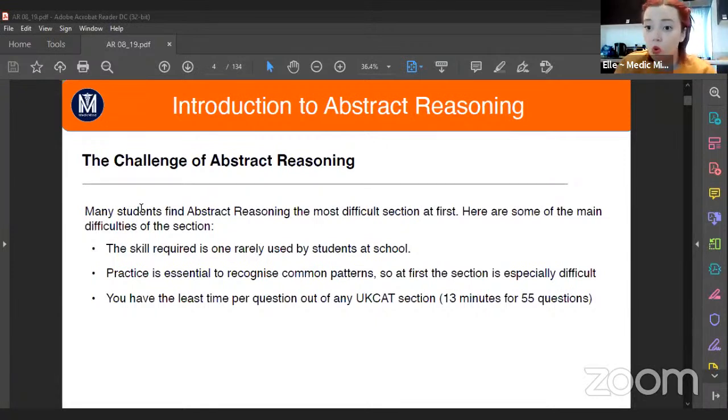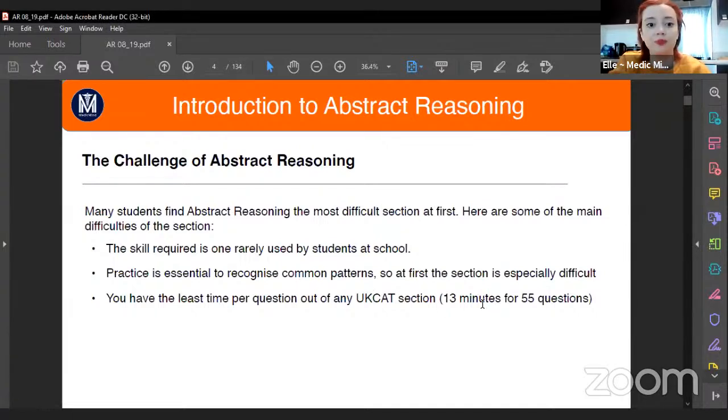So really, the more questions you're doing, whether that's official UCAT questions, through MedicMind, or through other providers like Medify, the easier you'll find it to recognize those patterns. We'll have tips for how to find the patterns, but really it is practice makes perfect for this section. And as I've already said, you have the least time per question compared to the other sections of the UCAT. So 13 minutes for 55 questions and about 70 seconds per set of 5.